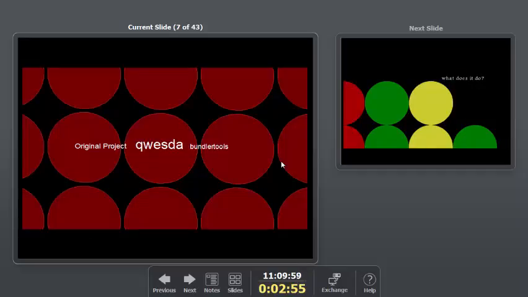Okay. This is a project that was forked from Bundler Tools by Questa. It kind of started as a joke. There was sort of a geo hipster call for what are the emerging technologies in 2014. What are those things which are going to transform the cool geotechnologies?